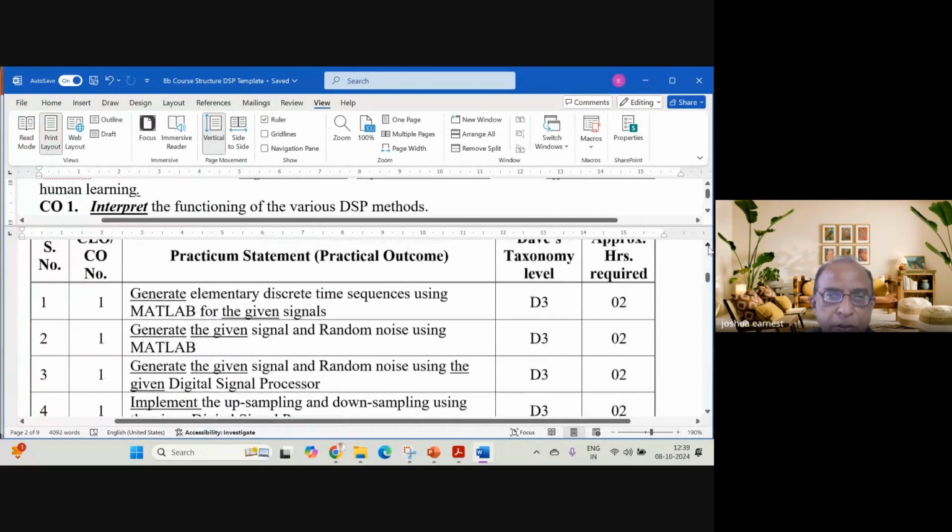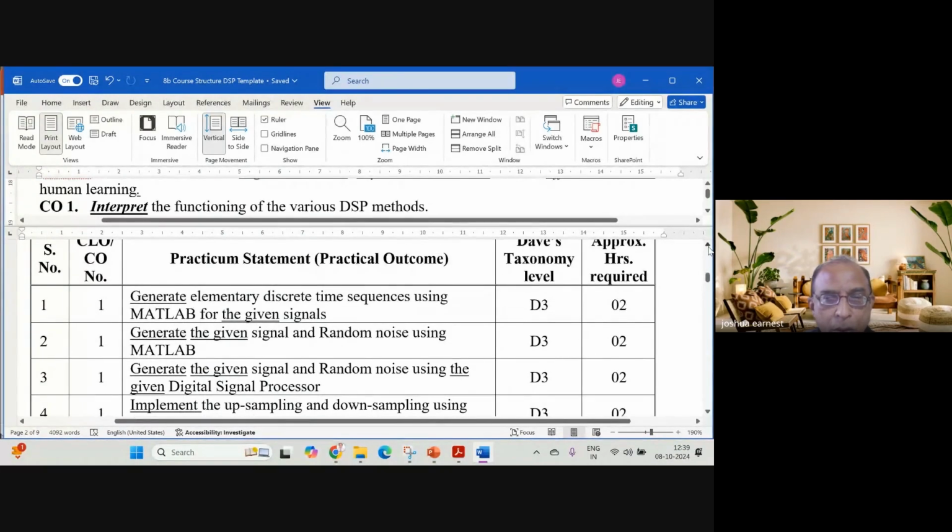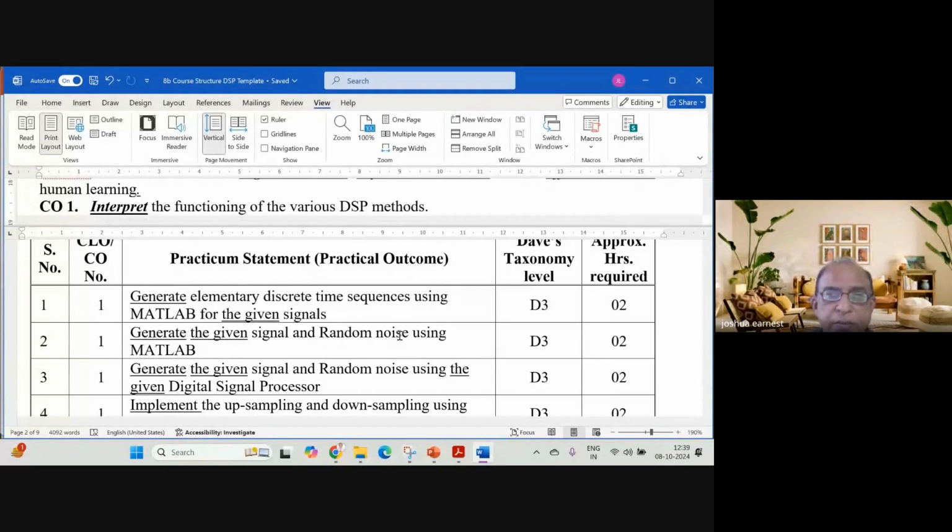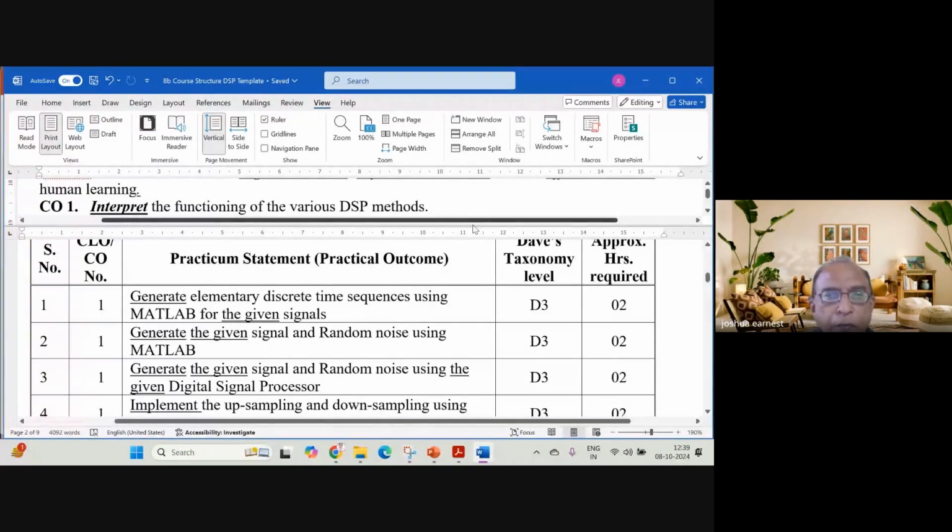I will talk about Dave's taxonomy later, but generate the elementary discrete time sequences using MATLAB for the given signals. So that is required for CO1.